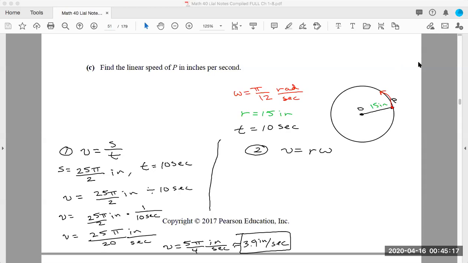If we are using the second method, we have R given and we have omega given already. So this would have been the easiest way to do it, without using intermediate parts, in case you made a mistake. So V equals R times omega. Again, we could write that without needing to write radians in.